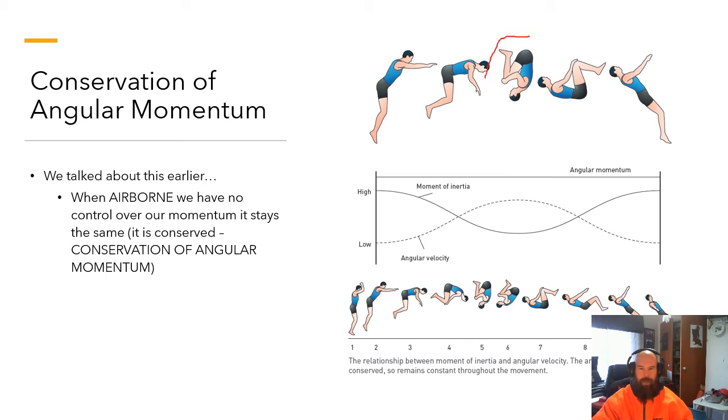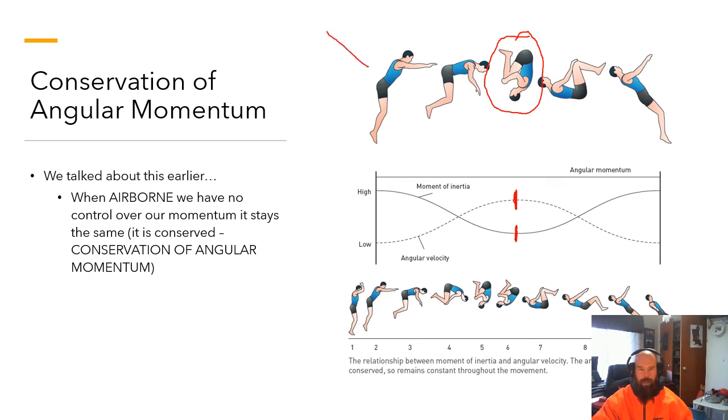When we're tucked in the middle, we have our greatest amount of angular velocity, but we also have our lowest amount in terms of our moment of inertia.